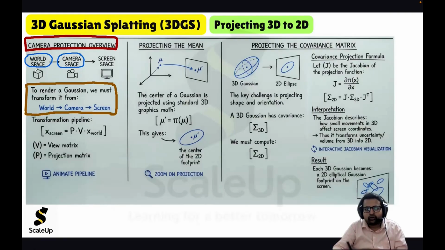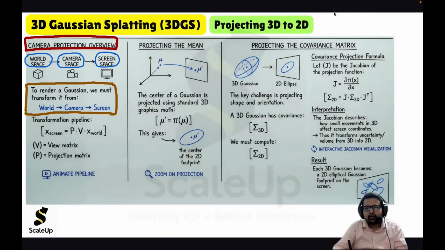Camera space means from the millions of 3D Gaussians, we will only consider those which will be part of the screen, or which can pass through the lens, just for analogy. So that is the camera space. Once we have those 3D Gaussians which will be part of the screen, we will have to project them on the screen. So from world space to camera space to screen space. That is how the projection will be done.